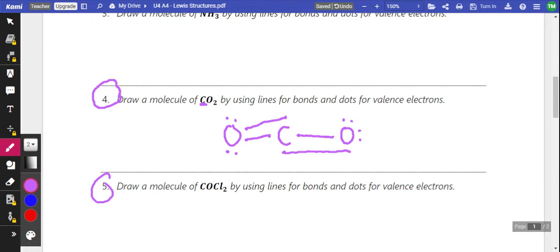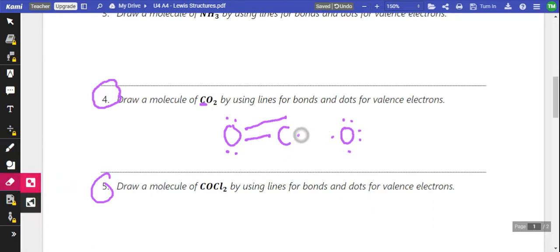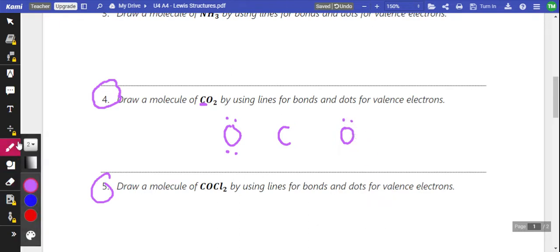So now we can clean this up a little bit. Let me redraw this. I'm going to put these valence electrons out of the way, and put these ones lined up to make that double bond.